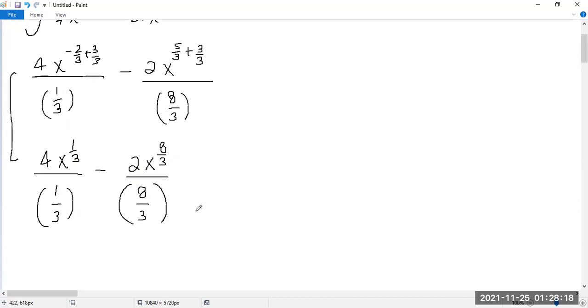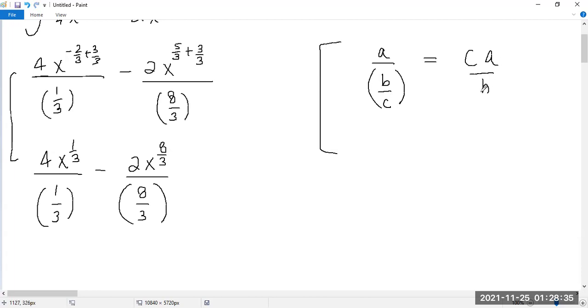Now, I'm essentially going to tell you a trick here, that if you have a over b over c, this would essentially be equal to c a over b. So if you have 2/3/4, you're essentially just flipping, you're multiplying this with this.